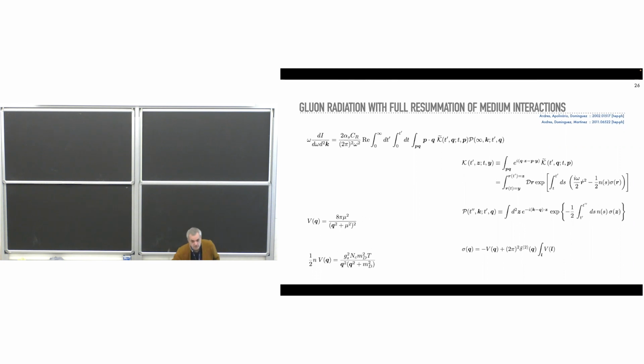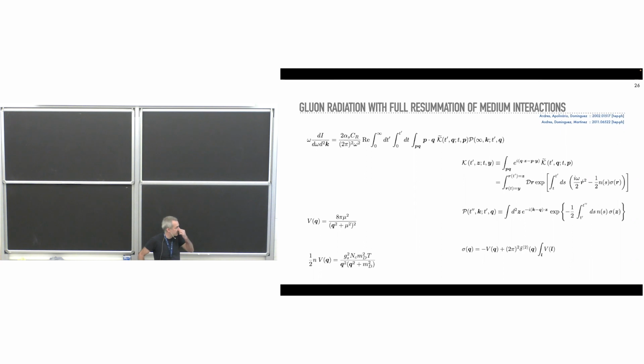But even better is this hard thermal loop computation, which is a similar computation, but a bit better. There the screening mass is the Debye mass of the medium constituent. So these potentials, if I try to solve the path integral, forget it. If I try to do opacity expansion, I can do it at least to first order. But what I would really like to do is to really calculate that path integral with these things.